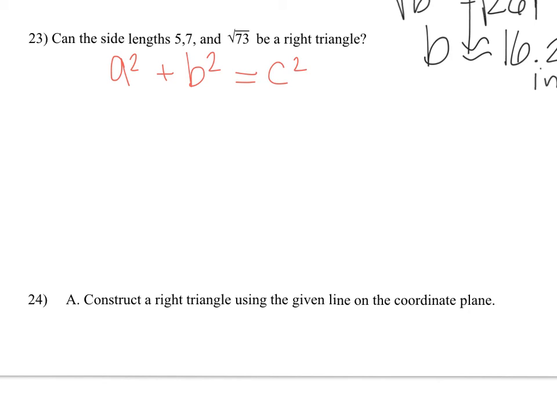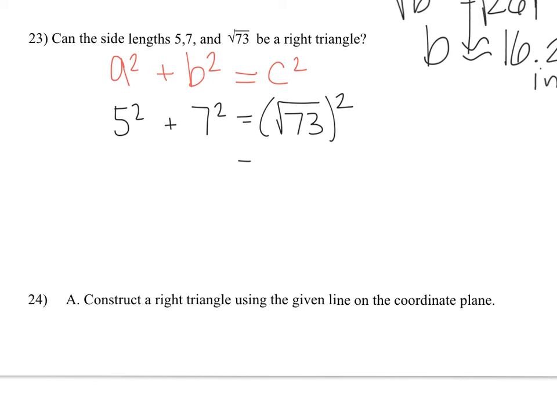So 5 and 7, not that bad. Take 5 squared plus 7 squared. Well, how do we deal with the square root of 73? Well, parentheses, square root of 73, and square it. Put that into your calculator.